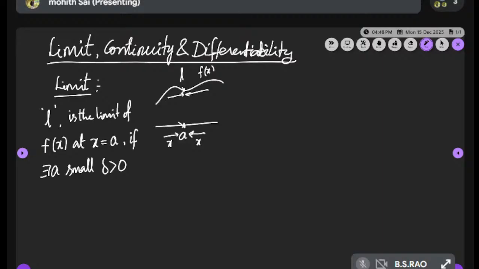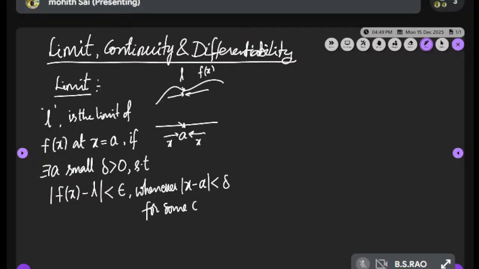such that modulus of f of x minus L is less than epsilon whenever modulus of x minus a is less than del, for some epsilon greater than 0 being given.